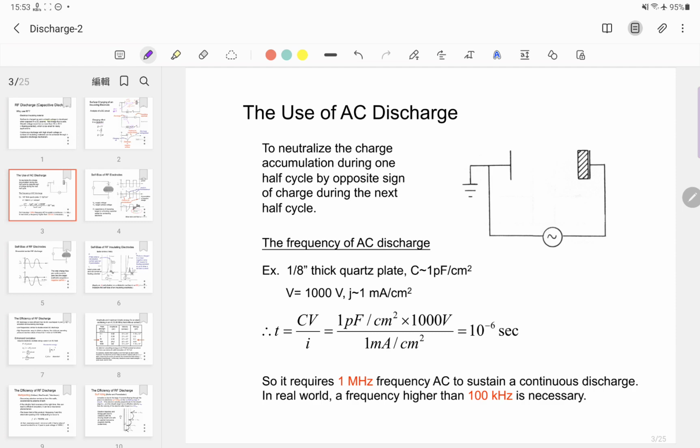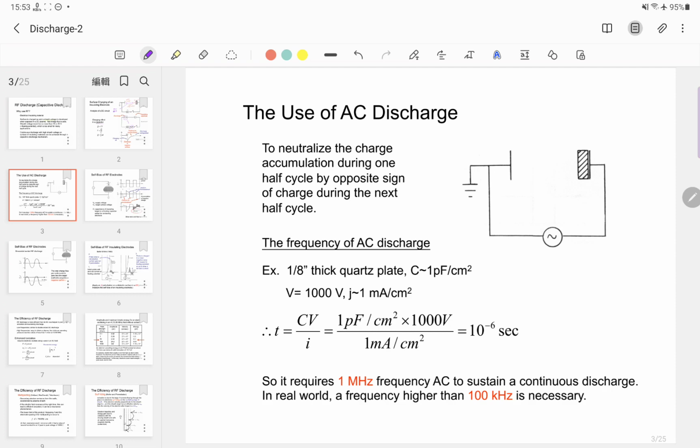But these two types of plasma have different properties. For a low frequency power supply, once the plasma is generated, the ion energy and the electron energy inside the plasma will be higher than in plasma generated by a higher frequency, for example, a 40 megahertz power supply.